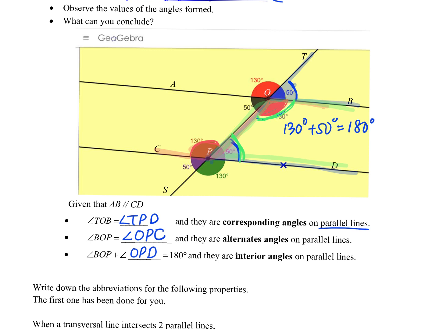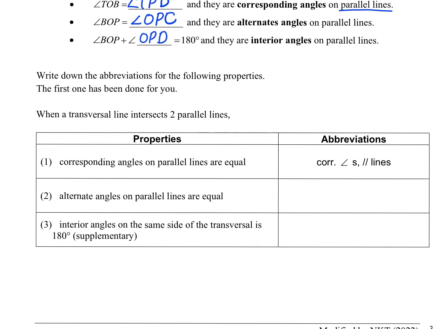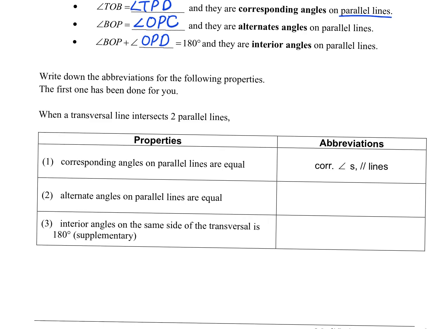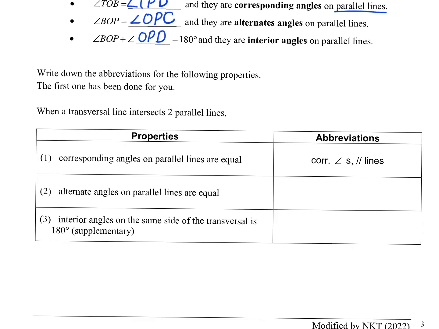Right? With that, we can summarize some of the following properties, and each of the different angle properties comes with an abbreviation that you can use for your writing and presentation when you write the reasons. The first property, corresponding angles on parallel lines. First condition, they must be parallel lines, and if you have corresponding angles, they will always be equal to each other.